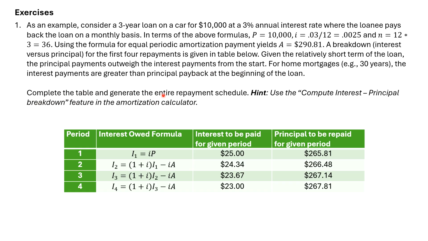So here's the problem. Complete the table and generate the entire repayment schedule using the compute interest principal breakdown feature of the amortization calculator. So I gave you a link to that in the previous lesson, but I can add it again here. All the programs are in a directory, and then there's a subdirectory, dist, for executables, and I do have an executable for this calculator.